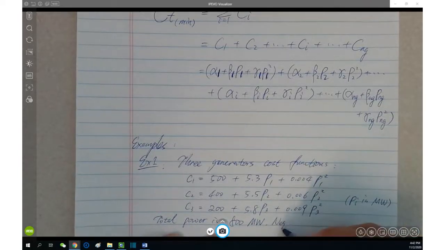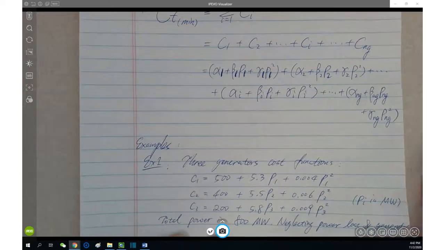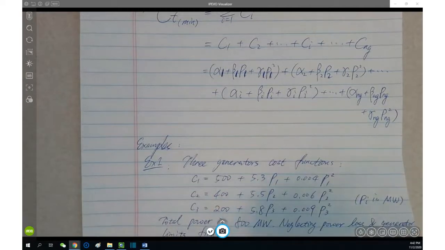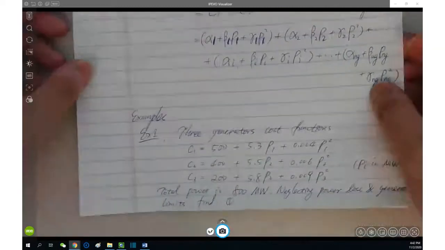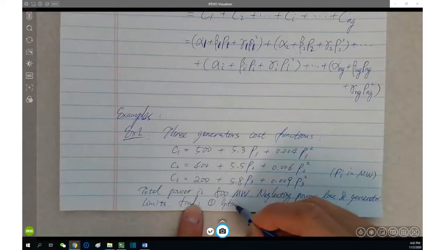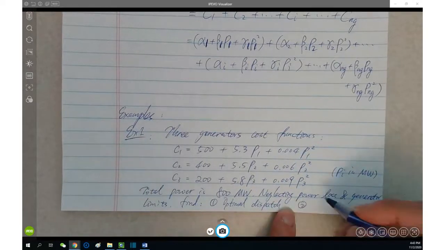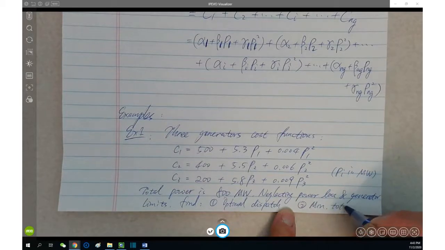So neglecting power loss and generator limits, find: question 1 is called optimal dispatch. 2, minimum total cost.